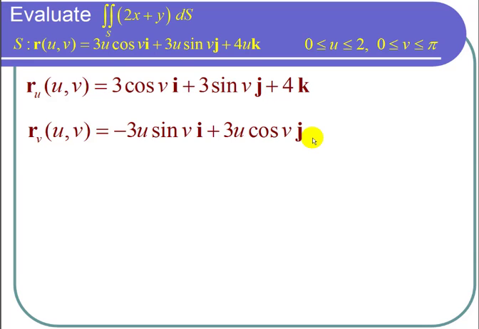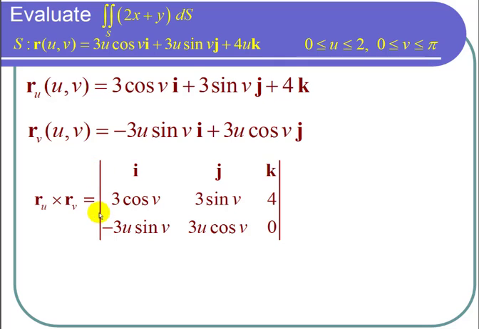So now I need to take the cross product of Ru and Rv, which is the determinant of the matrix i, j, k, and then 3 cosine v, 3 sine v, 4, and then negative 3u sine v, 3u cosine v, and 0.